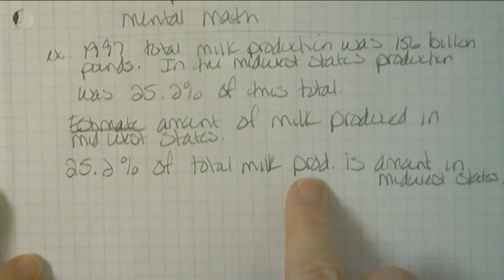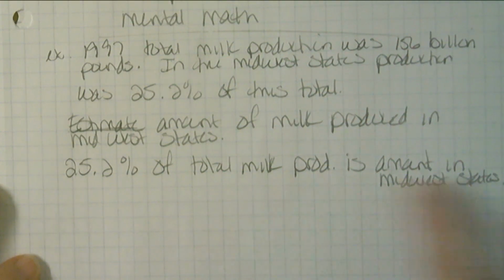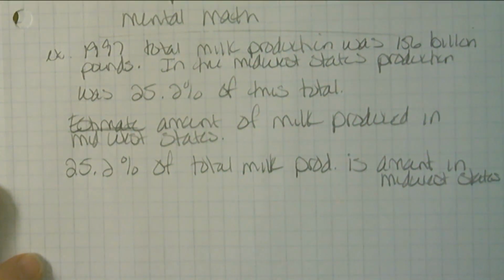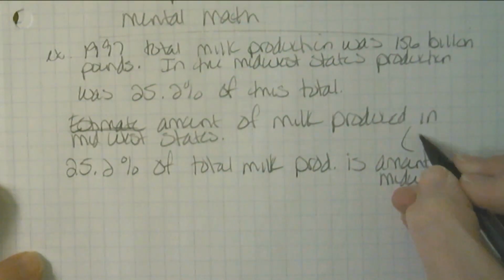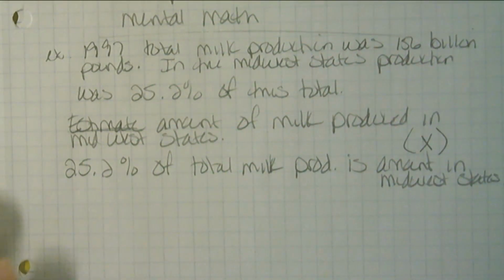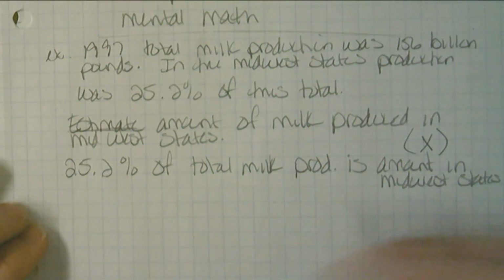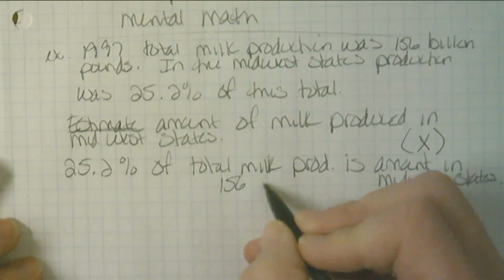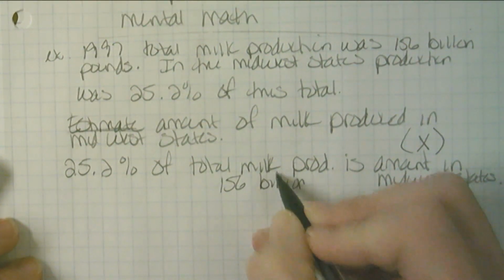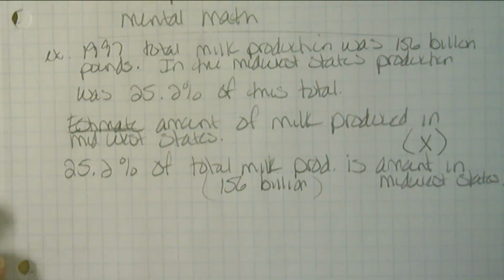I don't know the amount in the Midwest states. There is my X. What was our total milk production in the whole, like all of it in the country? Kaylee? Yep, we have 156 billion. I'm just going to use 156, not the whole billion.